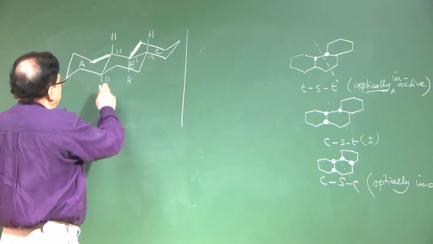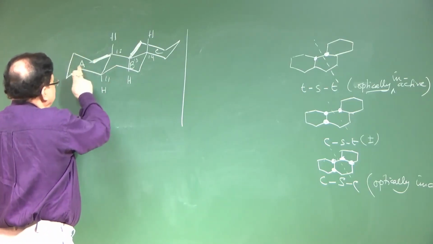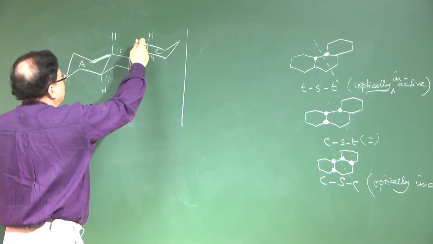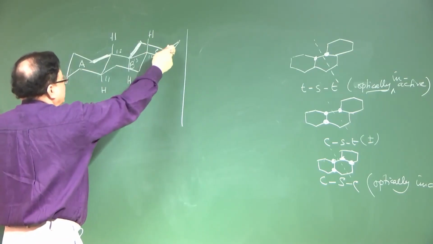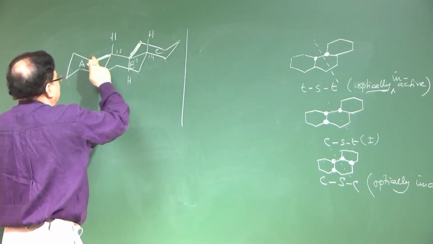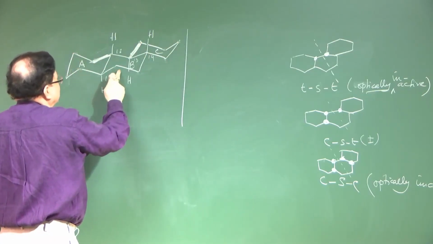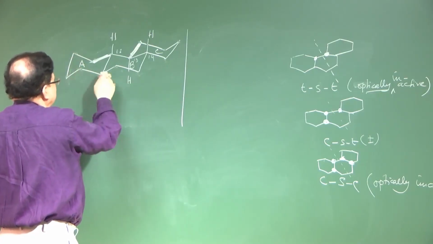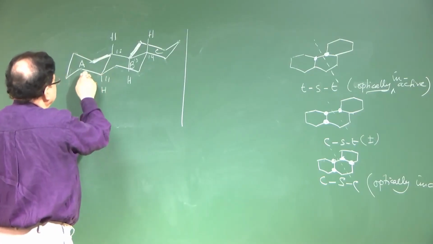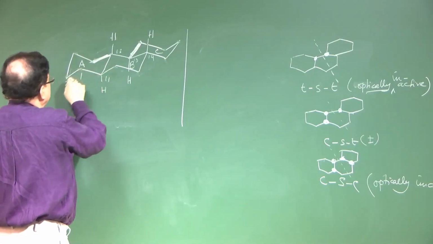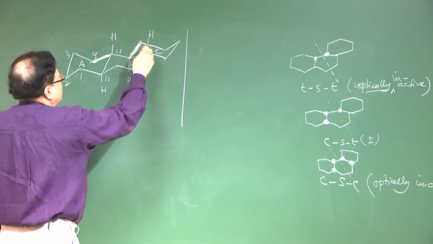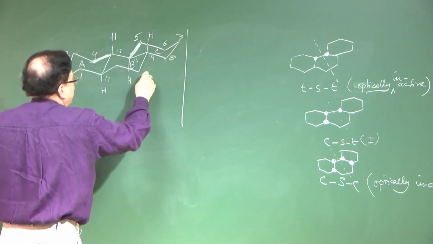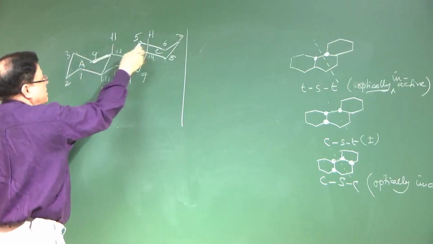However, see our numbering system was 1, 2, 3, 4, 5, 6, 7, 8, 9, 10. Actually, this is 1, 2, 3, 4, 5, 6, 7, 8, 9, 10, 11, 12. Just a second, let us try to number it. So, this is 1, 2, 3, 4, then 5, 6, 7, 8, 9, 10 and this is 11, 12, 13, 14.